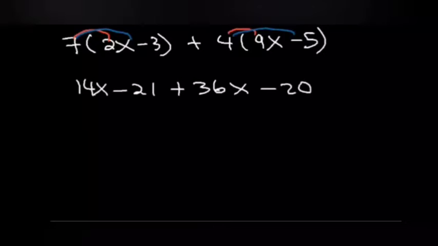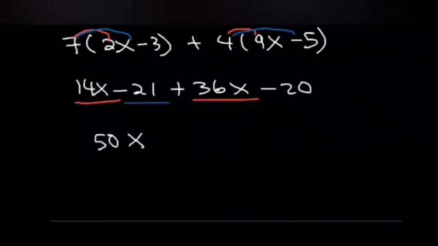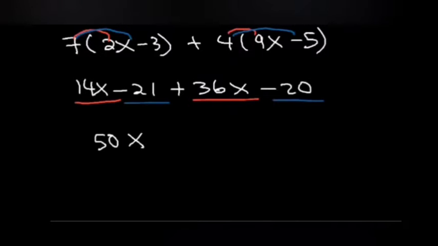Now we'll collect like terms. 14x and 36x are like terms, so that gives us 50x, and minus 21 and minus 20 are like terms, and that gives us minus 41.